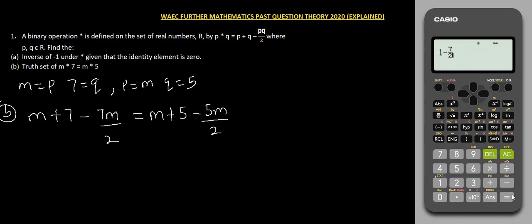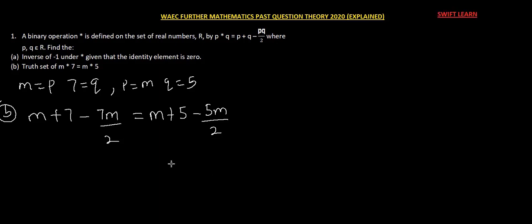You can see it from here. So we have minus 5 over 2. So here we have minus 5M divided by 2 plus 7 equals M minus 5 divided by 2, which will be minus 3 over 2 M plus 5.